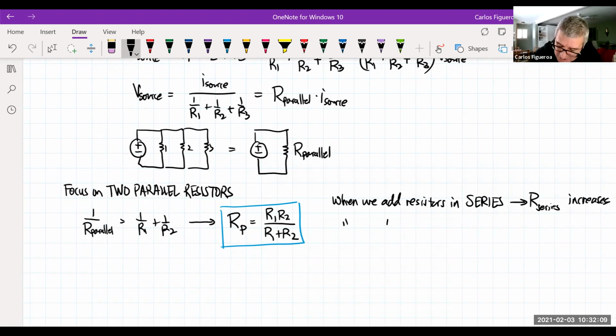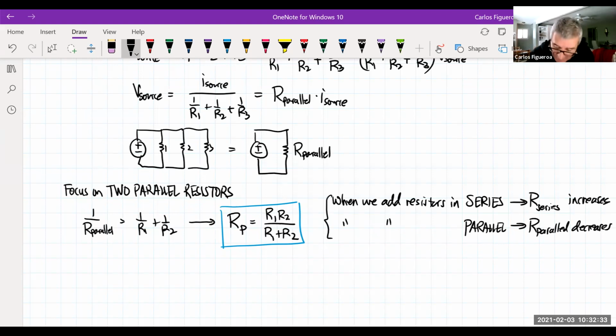When we add resistors in parallel, our parallel decreases. So that's one thing to think about.